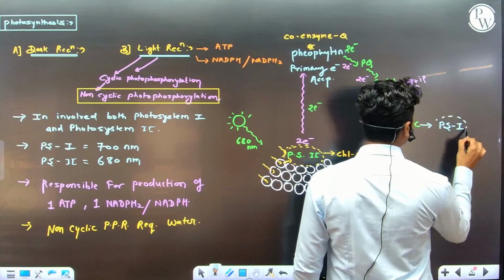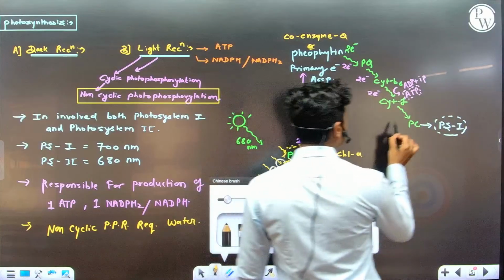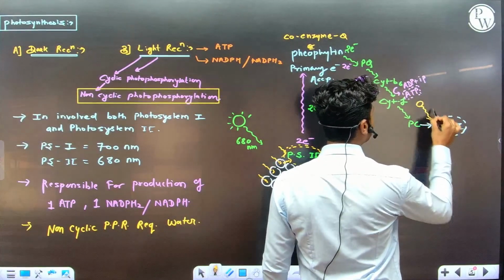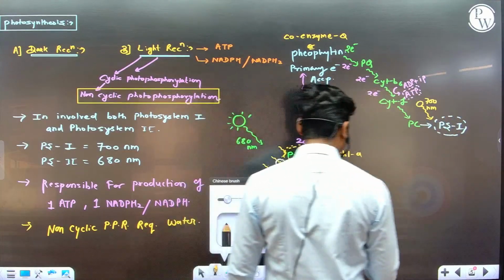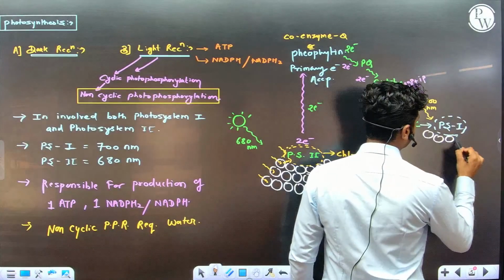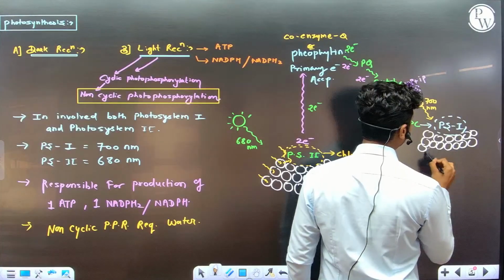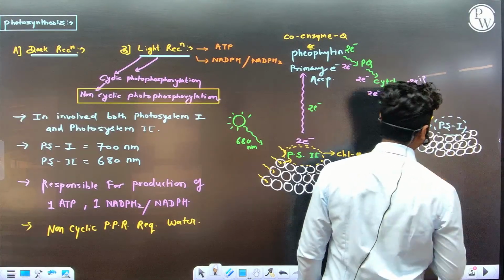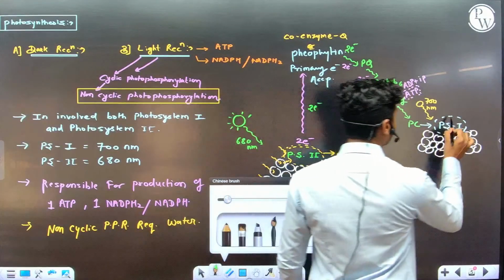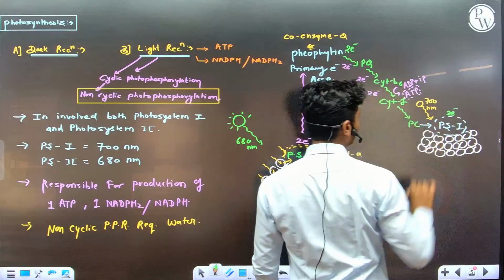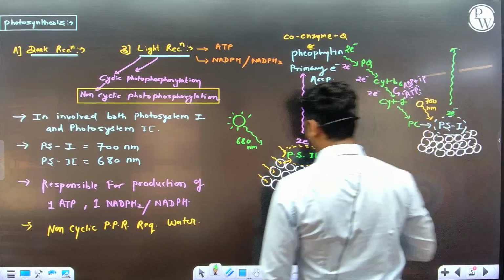and you know that PS1 absorbs light, which is how much light? 700 nanometer light. PS1 also has some accessory pigments like chlorophyll B, chlorophyll C, bacteriochlorophyll, bacterioviridin. Now, these 2 electrons accepted by PS1 are excited due to the absorption of 700 nanometer light, and are absorbed by a primary electron acceptor.